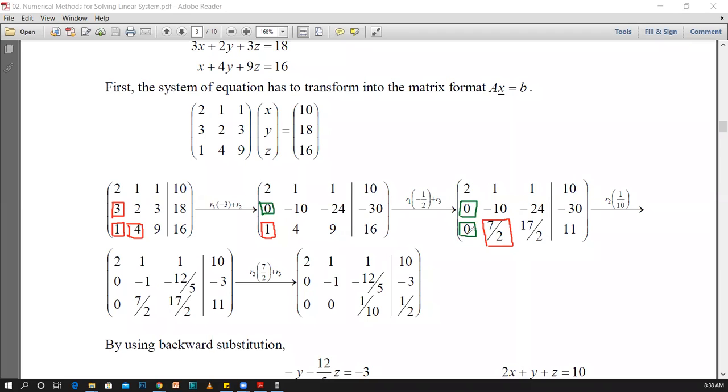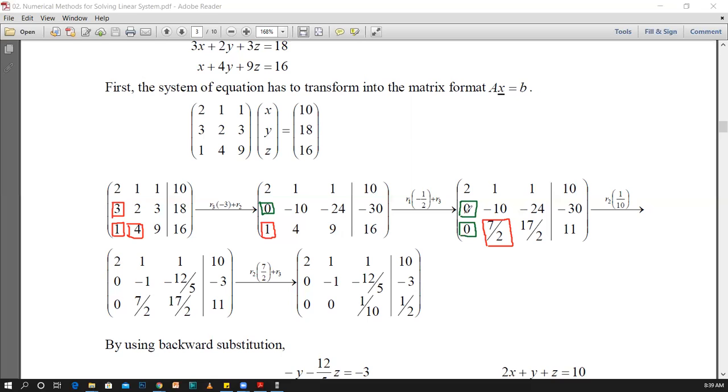Since you have converted these values into zeros, now we will use the second row to make this value 0. Otherwise, this value will also change into a non-zero value.